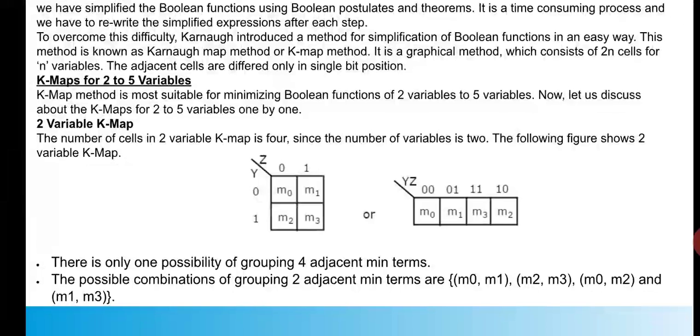Or you have one more representation, when you have only one bar, something like an array. It looks like an array. Here m0 is 0 0, m1 is 0 1, m3 is 1 1, and m2 is 1 0. It is a little bit confusing. You can go for the first method itself. The second is somewhat confusing, because it is not in the same direction.